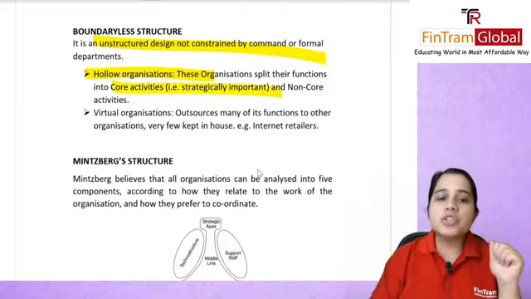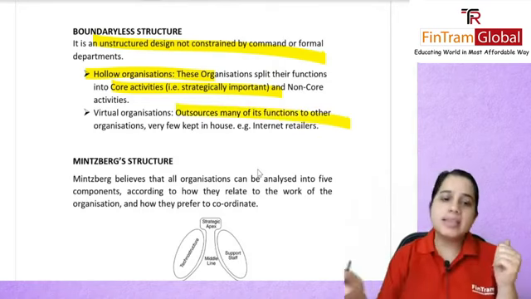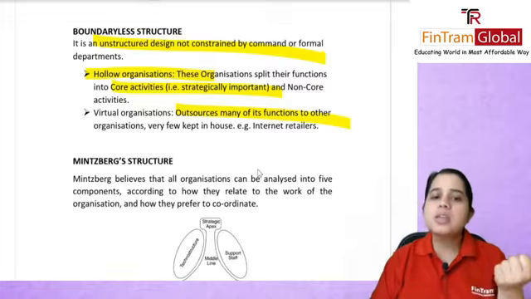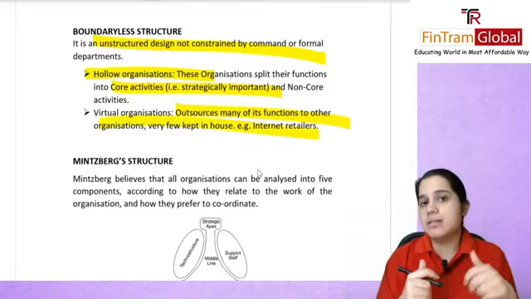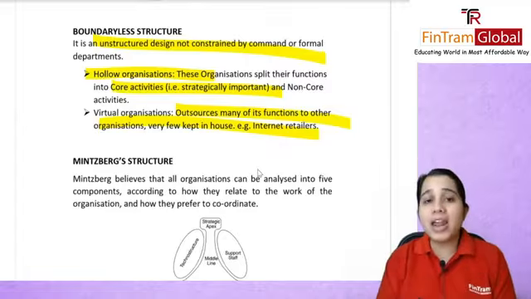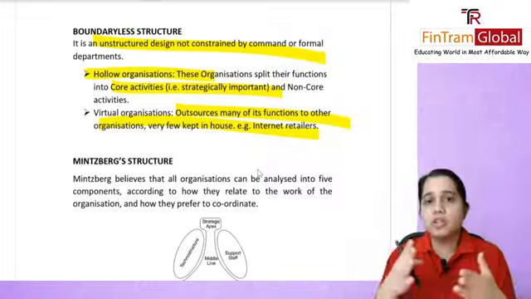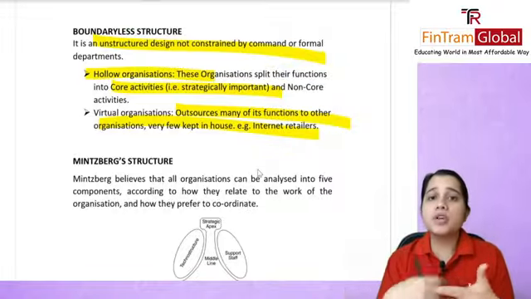Your virtual organization will outsource most of their functions to a third party or another organization, and only a few they'll keep in-house. The best example for this is your internet retailer. The companies that you do online shopping with, these platforms, are virtual organizations. They are not really set up somewhere. It's not like you go to a supermarket and buy something, right?